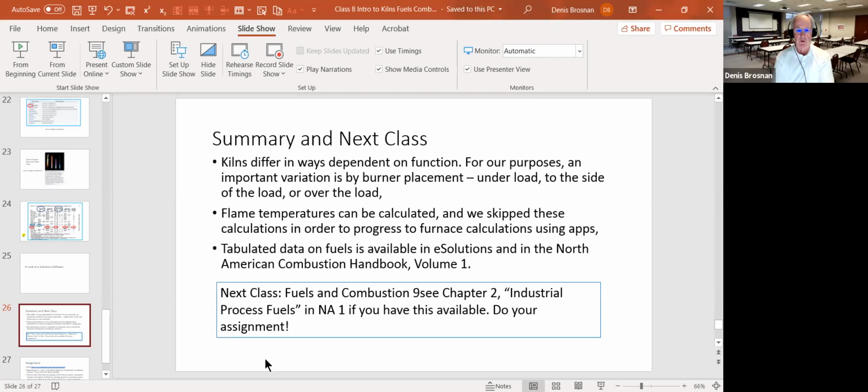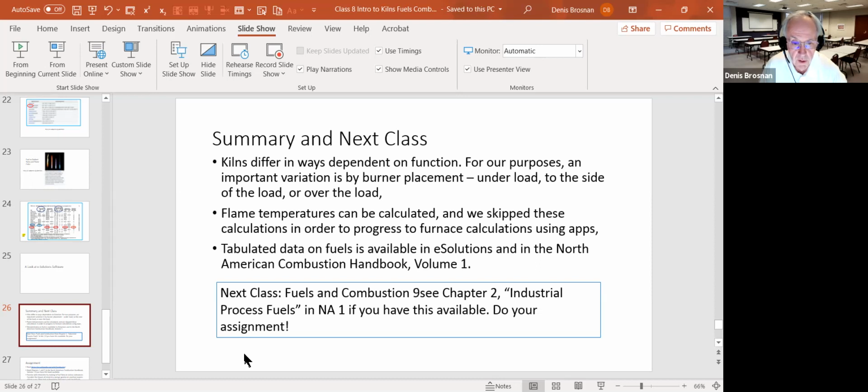We're going to be very interested in burner placement, getting the fuel to the burners, controlling the fuels, controlling the temperature in the kiln. So burner placement is very important. We talked about flame temperatures, adiabatic temperatures, and practical temperatures, and we skipped some of the adiabatic combustion calculations. You can find those in various references, or Google them, but we're going to skip them in order to go forward.